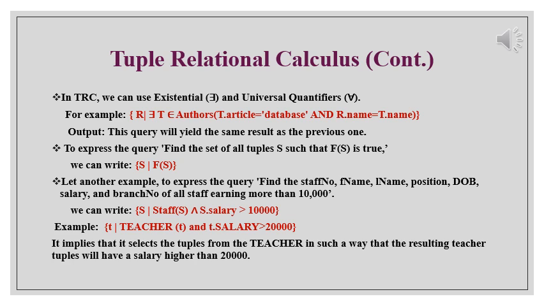The symbol for the existential quantifier is a backwards E and for the universal quantifier is an upside-down A. For example, R is the relation where there exists a tuple T that belongs to the author relation, where T.article is equal to database and R.name is equal to T.name.